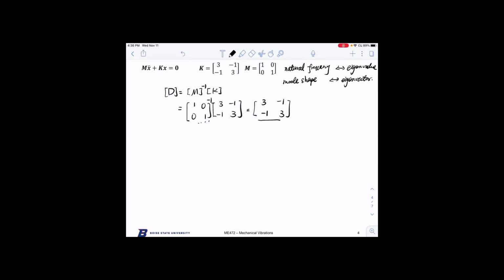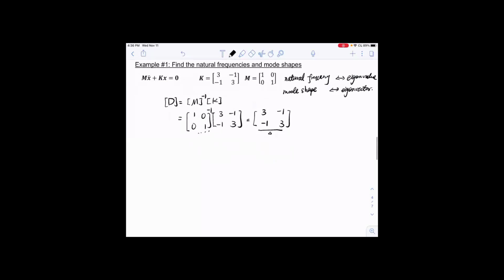As I said, to find the natural frequency and mode shape, we just need to find the eigenvalues and eigenvectors of this D matrix. If you don't want to do this by hand, you just go back to MATLAB and put the D matrix in the eig function. This function is able to output two matrices.